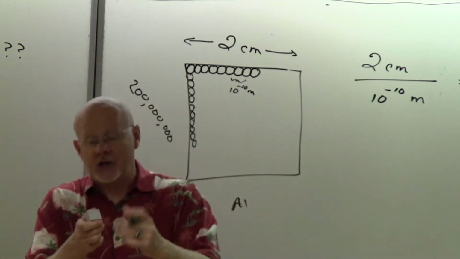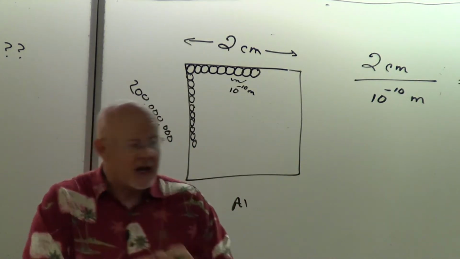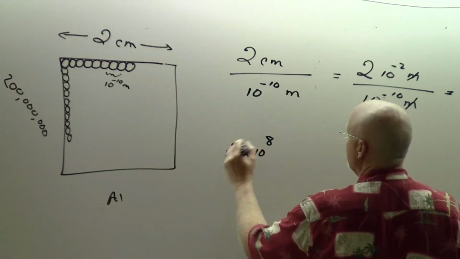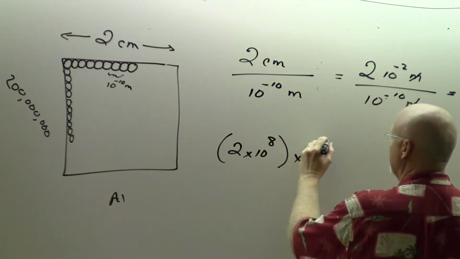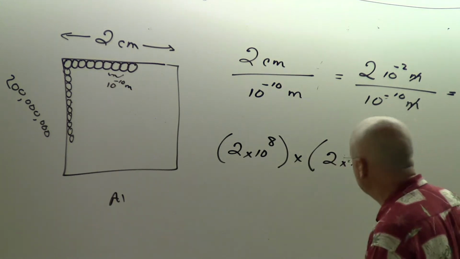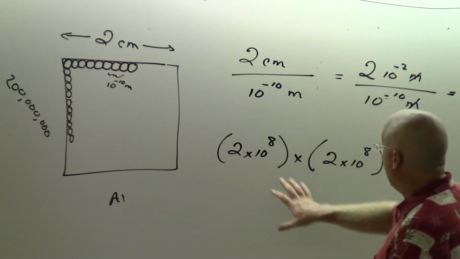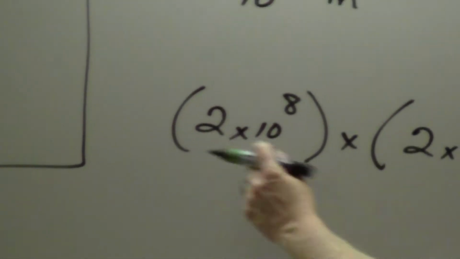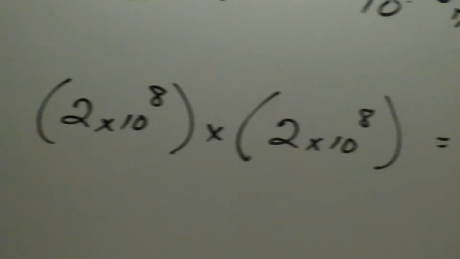So to finally answer this question, how many would fit on this face, I would say it would be 200 million multiplied by 200 million. And I will write the 200 million as 2 times 10 to the 8th. So 2 times 2 is 4.